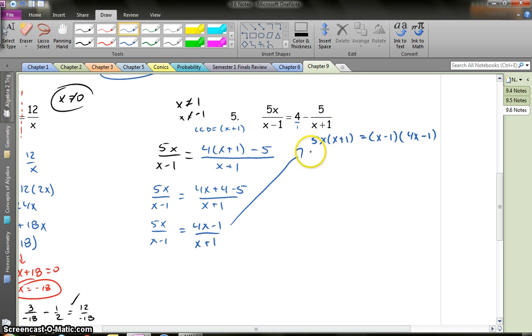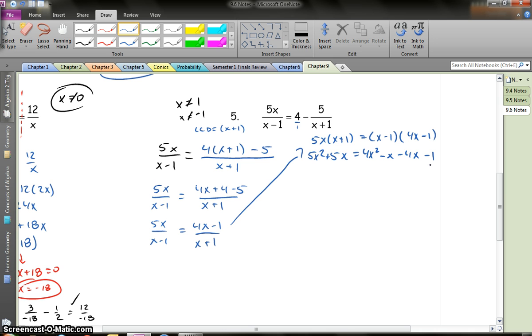Now, I'm going to multiply this out on the left, distribute my 5x, and then over here I need to FOIL all this noise. So I have 4x squared minus x minus 4x minus 1.